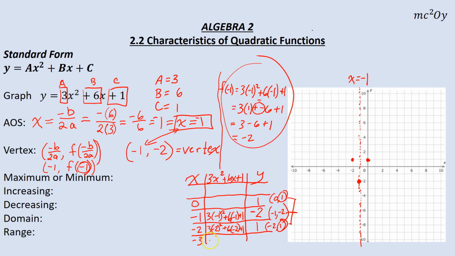Okay, and -3: 3 times -3 squared plus 6 times -3 plus 1. So that's 9 times 3, 27, plus -18, which is -9, plus 1 is -8, I believe. You could just double check that.